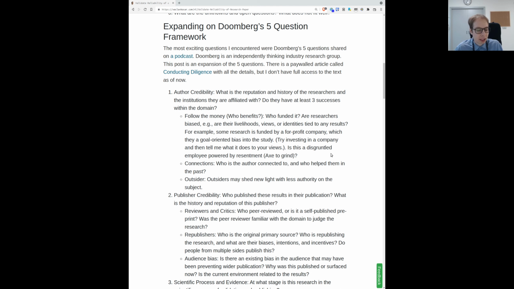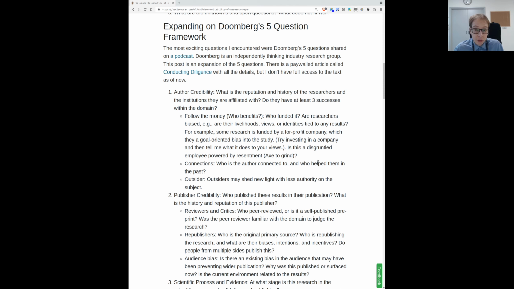Who published these results? What is the history of this publication? What is the reputation of the publisher? Who were the reviewers and critics who peer-reviewed the research, or was this self-published on arXiv, like LK-99?